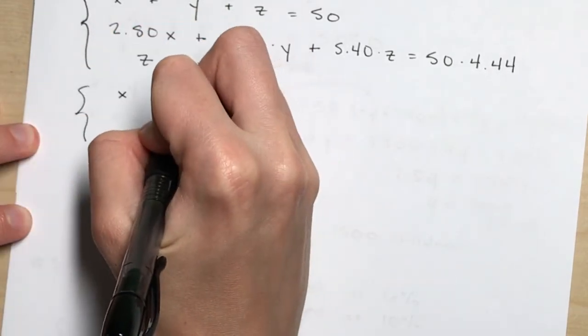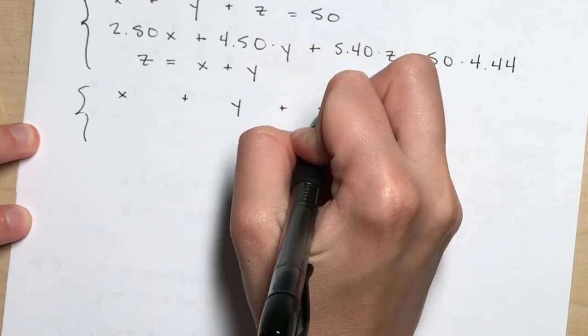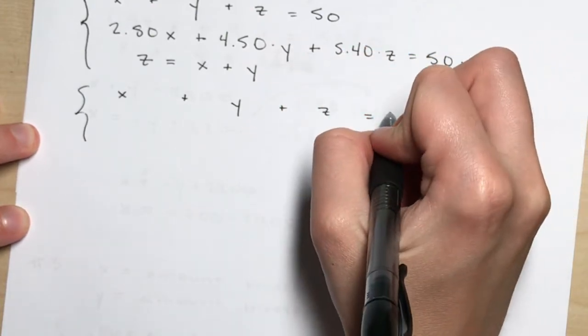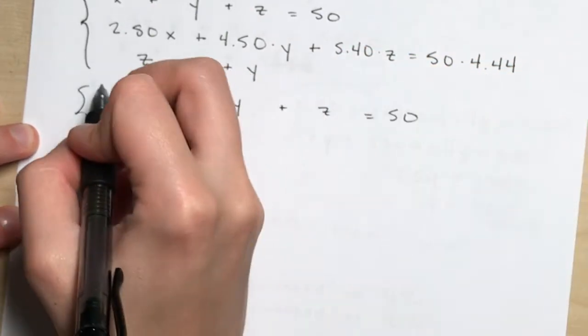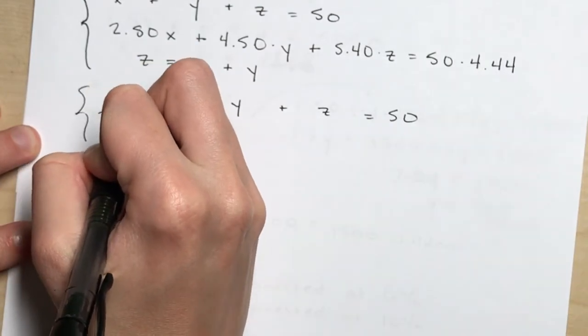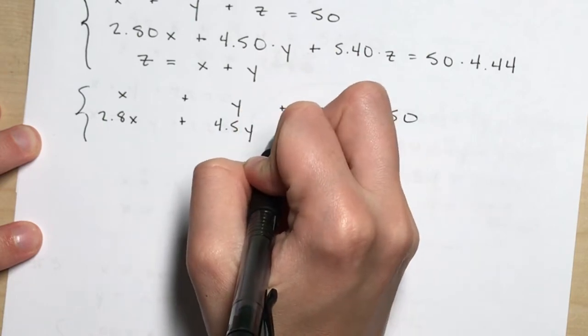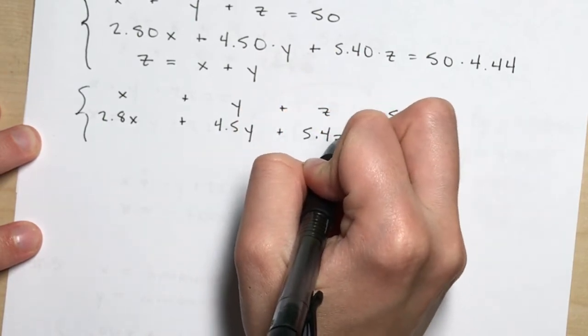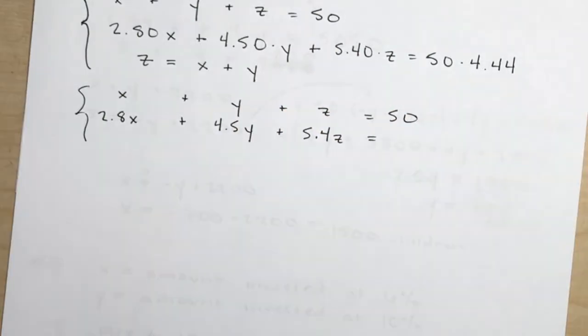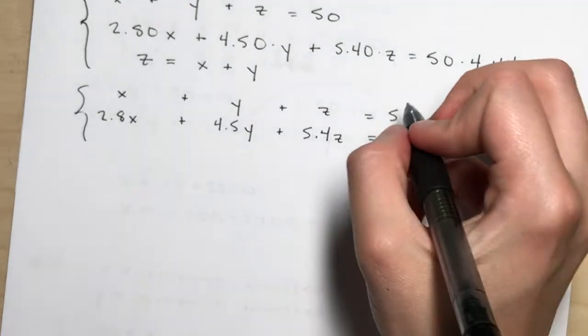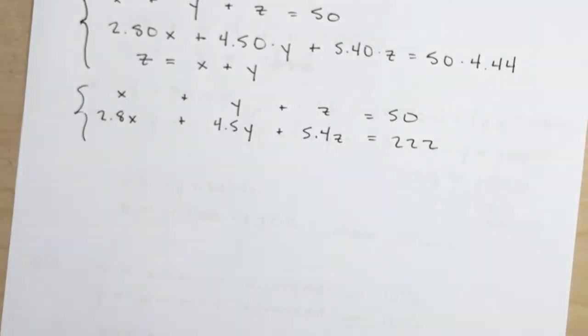So we've got x. I'm going to give everything a lot of space. I'm going to take that extra 0 off the end of these just to save some space. 5.4z equals 50 times 4.44, which gives us 222.